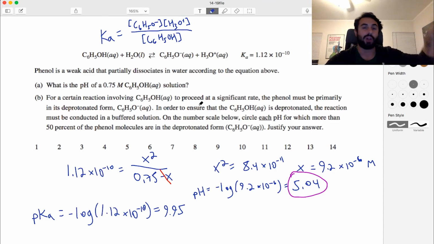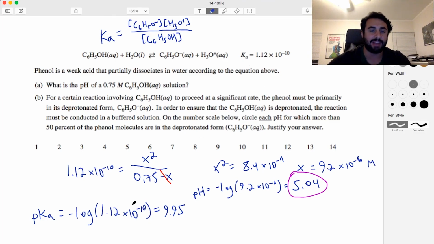There's enough hydroxide in solution to be taking the proton from that acid. Below that pH, below 9.95, it's acidic enough, there's enough hydronium around to be protonating everything. So that's what we're comparing.